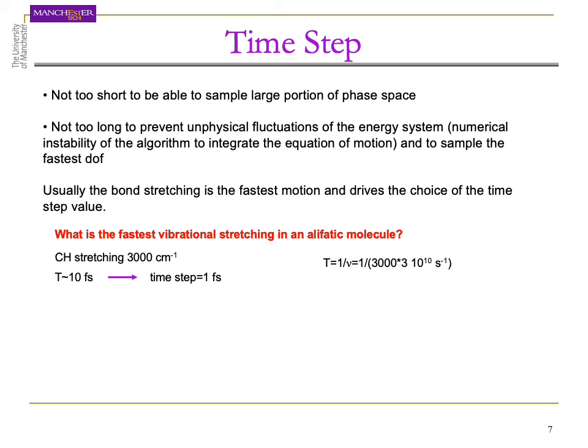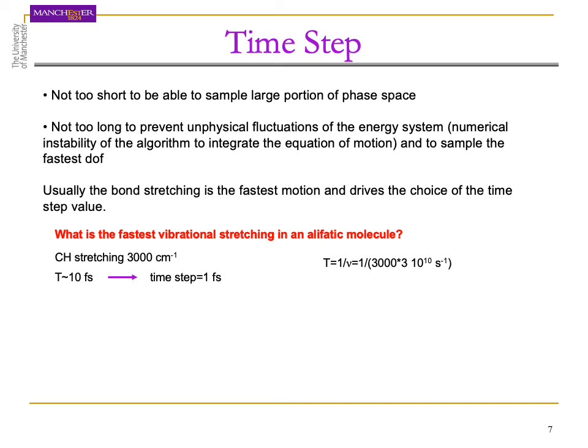Therefore, if we choose a time step which is larger than 10 femtoseconds, what we are doing in our simulation is to not sample correctly these degrees of freedom, because the time step of our integration is larger than the period of the degree of freedom.